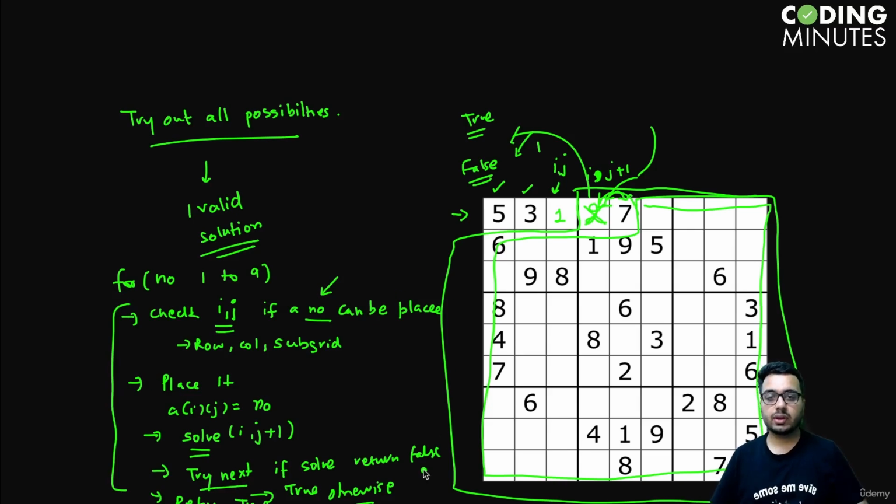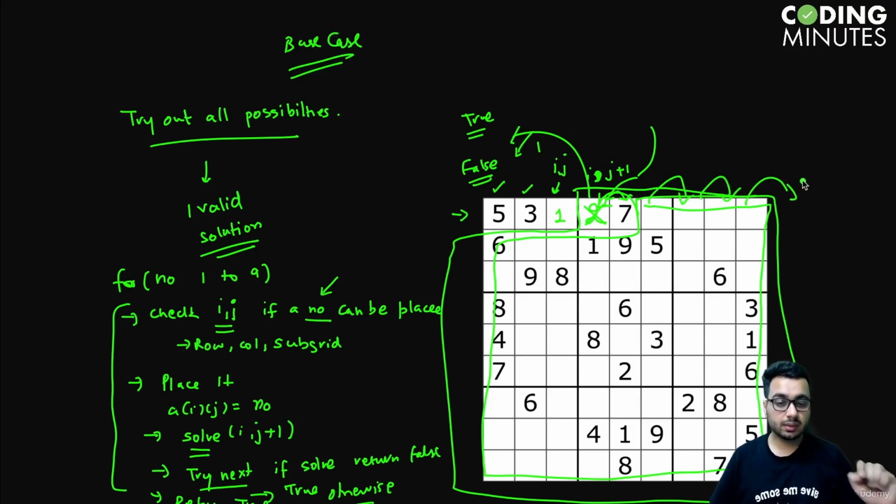So this is how we are going to solve the problem. I hope you got an idea. The logic is very straightforward. The only thing is you need to think of corner cases. Now let us also talk about the base case. What would be the base case? One corner case, not the base case, would be when you reach the end of the row, you need to convert this call into this call.